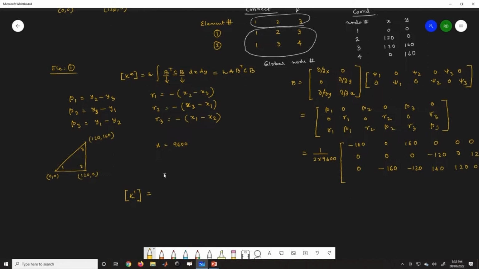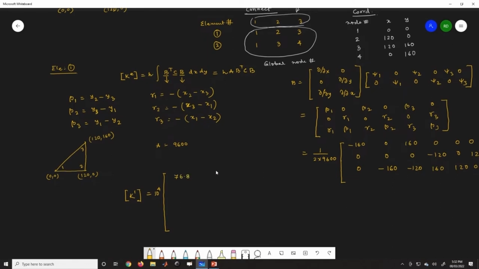So if I do that, then I will get the matrix, which will look something like this, that is 10 to the power 4. You can just do this calculation and I will just give the entries.